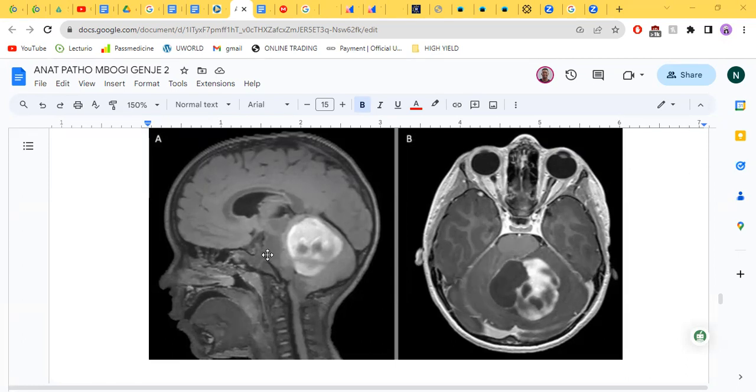So, has it occupied the whole medulla or part of the medulla? And also, is it well circumscribed or poorly circumscribed? Okay, so well circumscribed, yeah. Now, what will be our diagnosis?